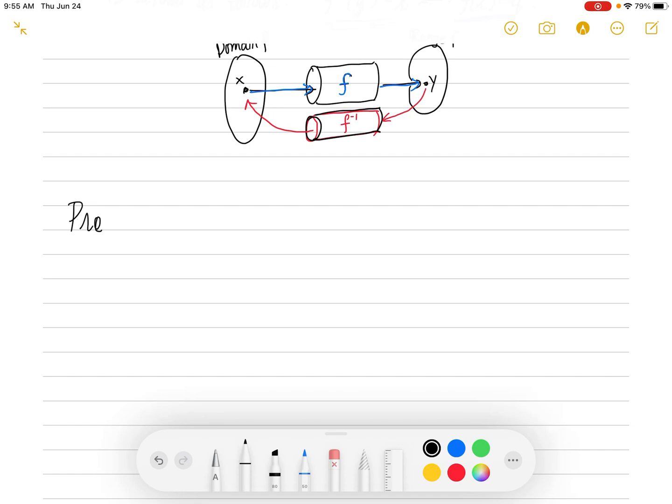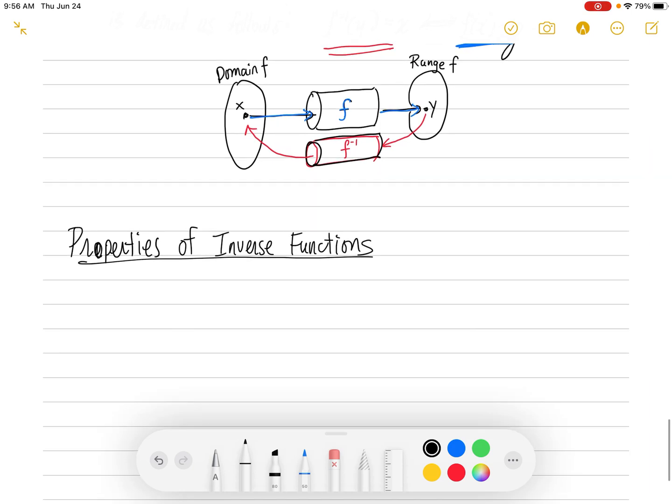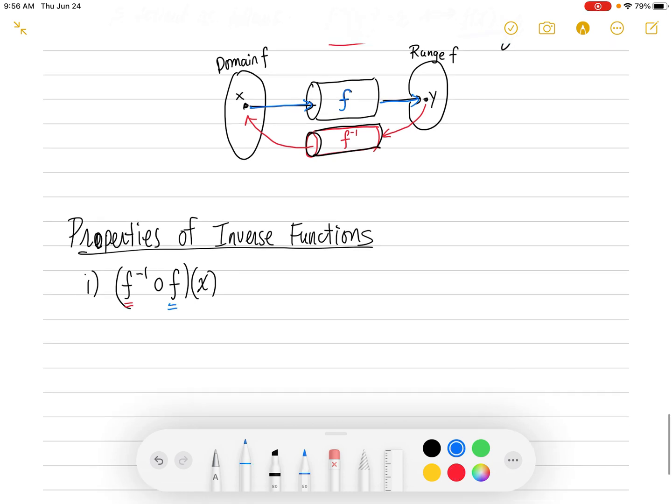Okay, so we want to look at some properties of functions and their inverses. I'll call this properties of inverse functions. Let's say we take f inverse and compose it with f, and plug in x.